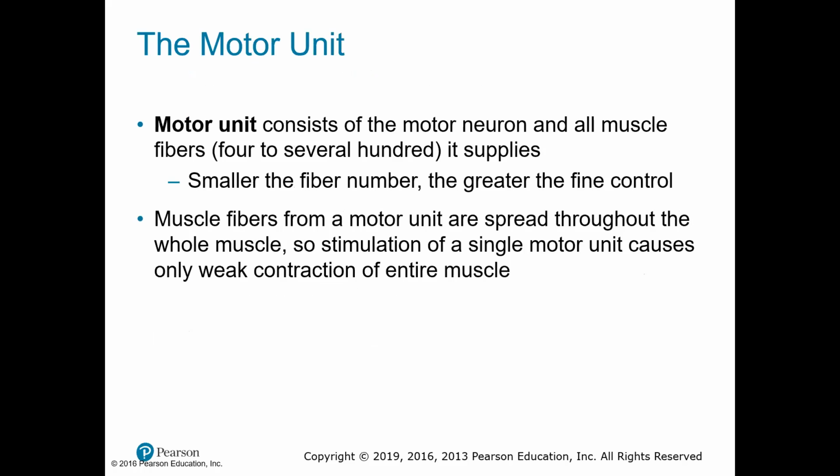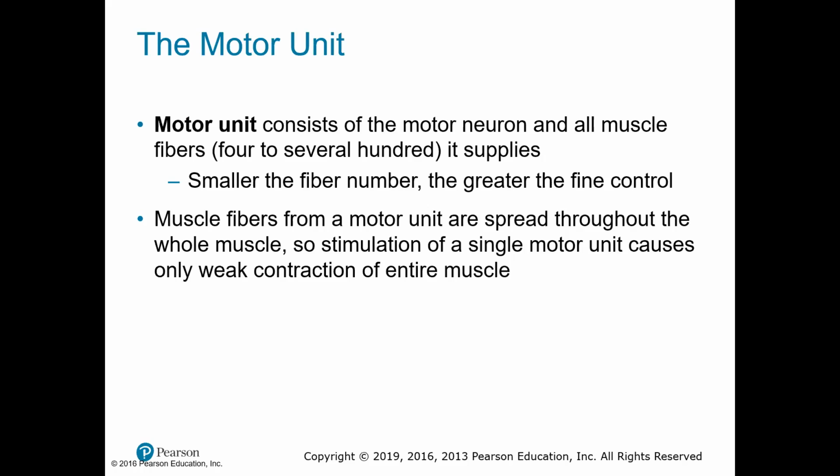Now, if we want really precise control, we keep the motor units very small, 3 or 4 muscle cells. The muscles around our eyeballs have very small motor units, 4 muscle cells per neuron, because we want really fine control over the movement of our eye. Same in our hands, our fingers, to have the fine control we need to manipulate our environment.